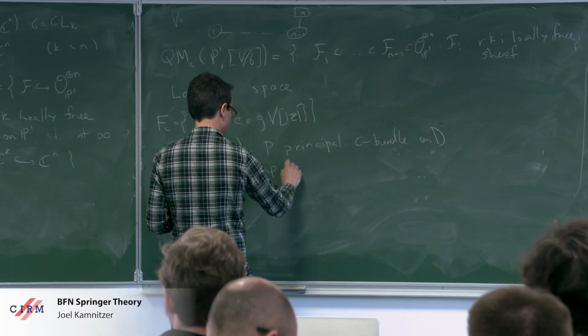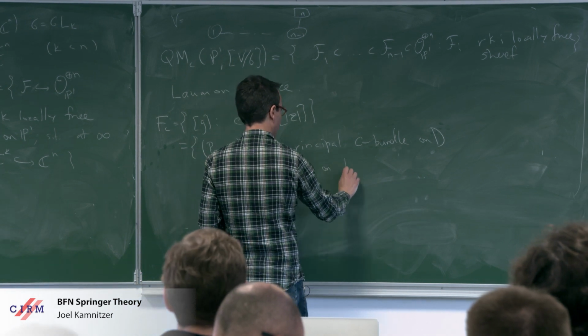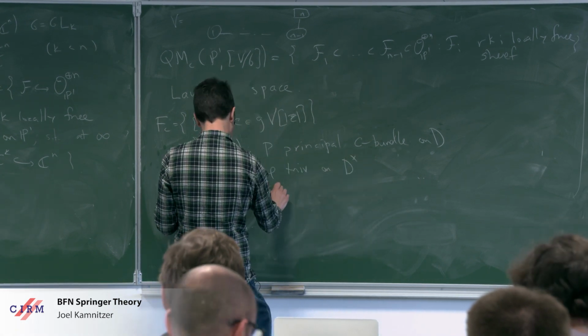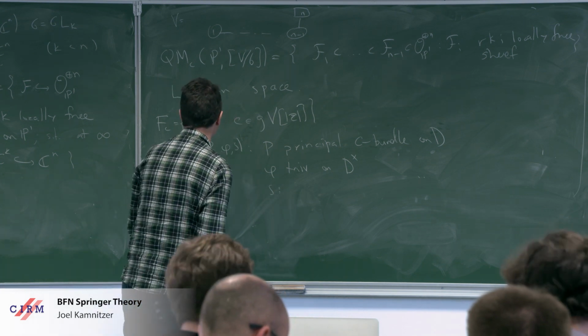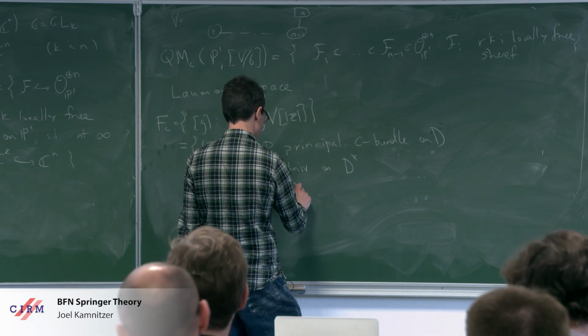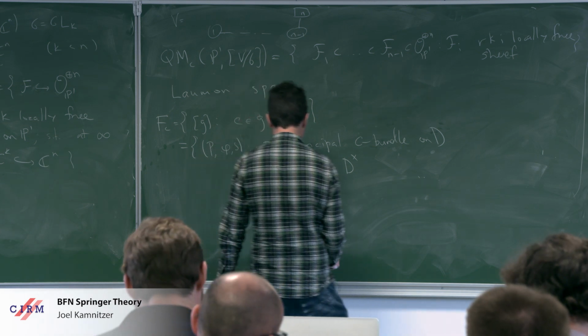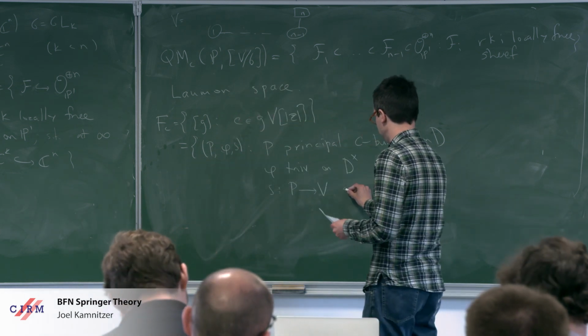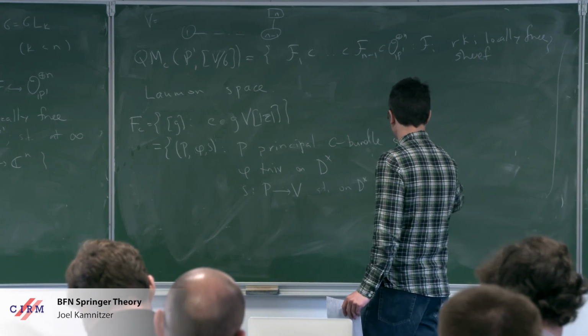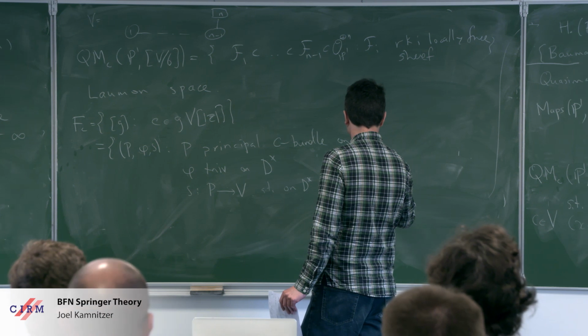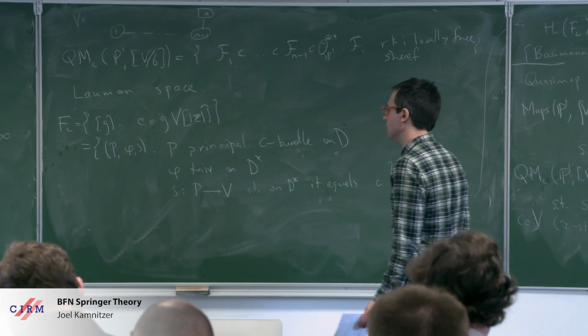Phi is a trivialization on the punctured disk. And s was a section, or we can think of it equivalently as a map from P to V, such that on D cross it equals C.